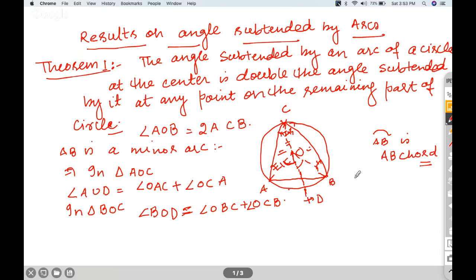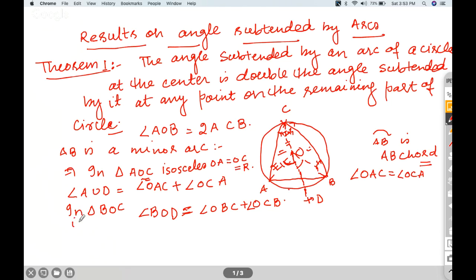So angle OAC is equal to angle OCA because this triangle AOC is an isosceles triangle. And why is it an isosceles triangle? Because OA is equal to OC, which is equal to radius R.